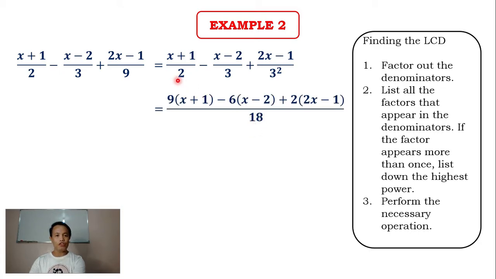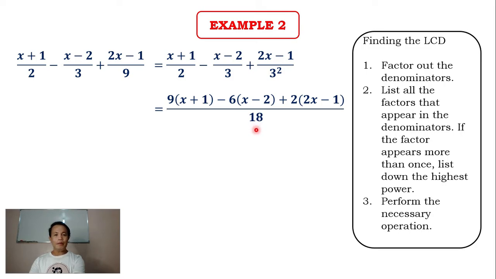Why? Because we have here 2 and 3 squared. 3 squared is 9. 9 times 2 is 18. As I've said, we only consider the factor having the highest exponent, that is 3 squared, and the other factor, which is 2. Again, we do not list down 3 because they are similar to these factors here. So our LCD is 18.